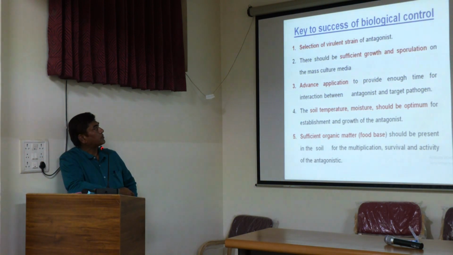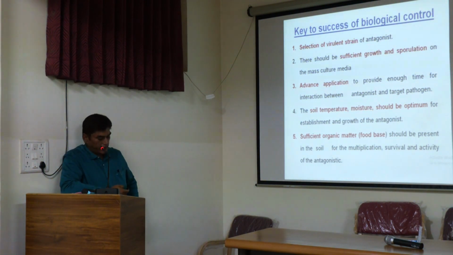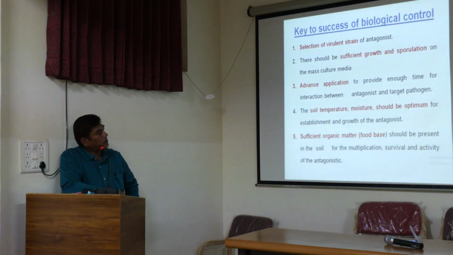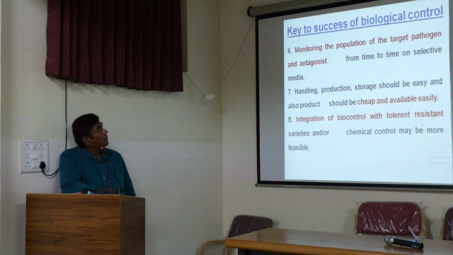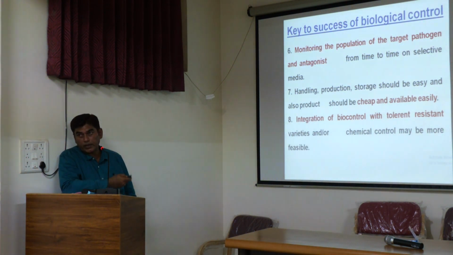Success of biological control also depends on soil temperature and moisture, which should be optimum, and there should be sufficient organic matter. You might know this, the food base is very important. Monitoring the population of the target pathogen and antagonist from time to time is important. Once we apply the bioagent, we have to regularly watch the population of the bioagent and target pathogen.